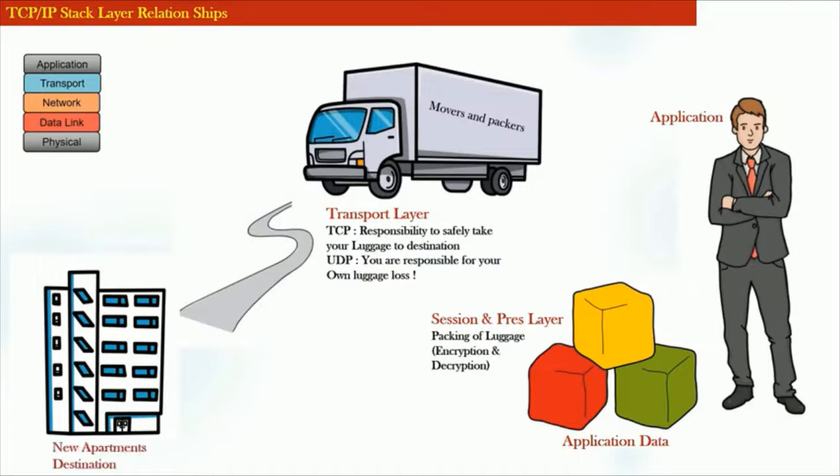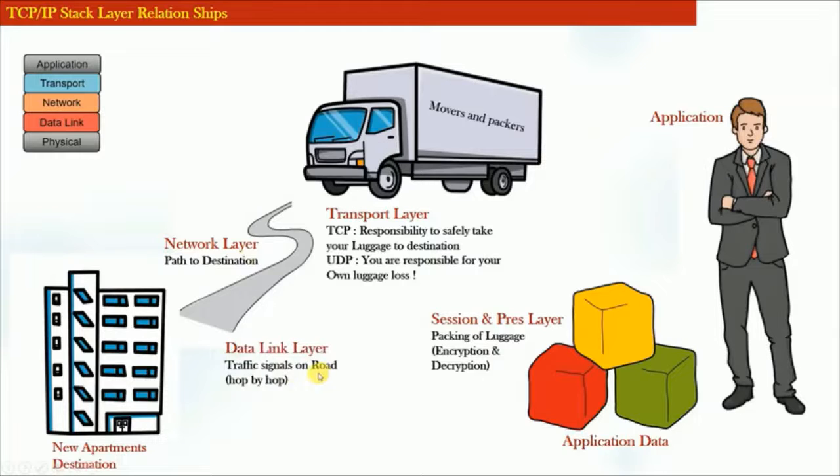The new apartment which this gentleman is shifting to is like a destination IP address. Coming to the road, it can be thought of as the network layer, because the road is a path from your current residence to your new residence. So the network layer is responsible for taking your data from the source machine to the destination machine.